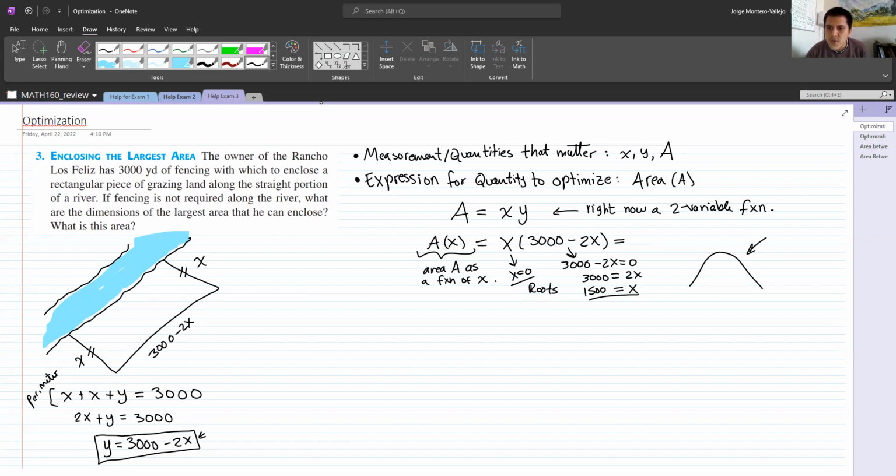But we know that the function looks like this, and we also know the roots. It crosses the x-axis at 0 and at 1500. So if this is the x-axis, then this is 0, and this is 1500, and of course this will be the max here. By symmetry, you could already solve the problem right away.